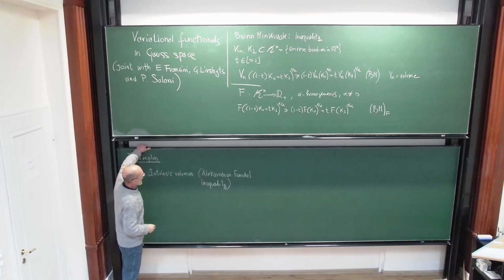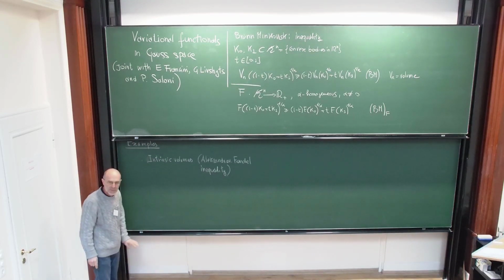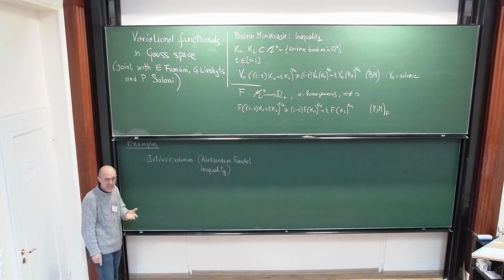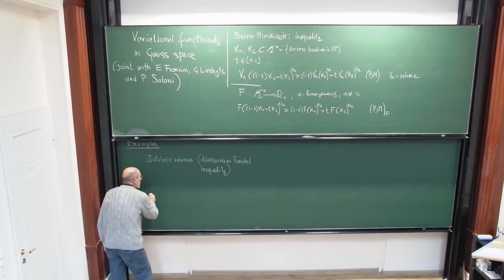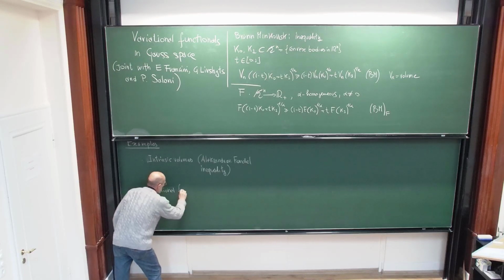But the type of example I want to speak about today is of a completely different nature. And these are examples coming from mathematical physics. I will refer to them as variational functionals.